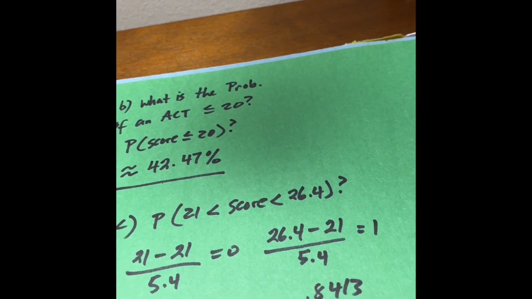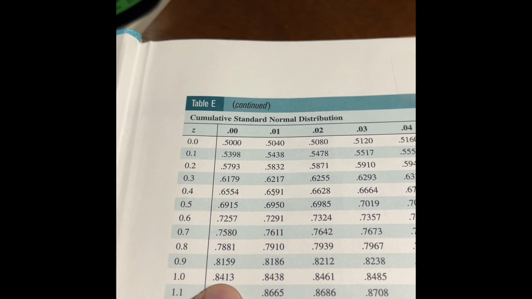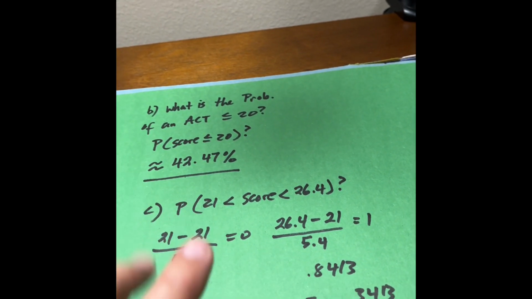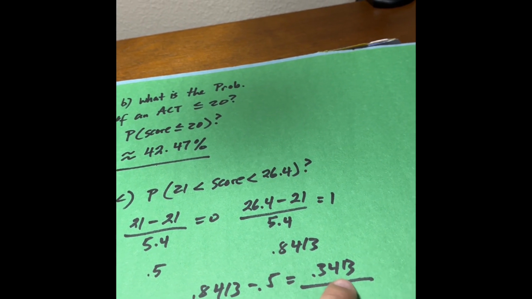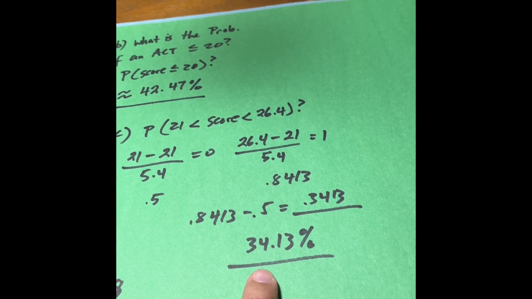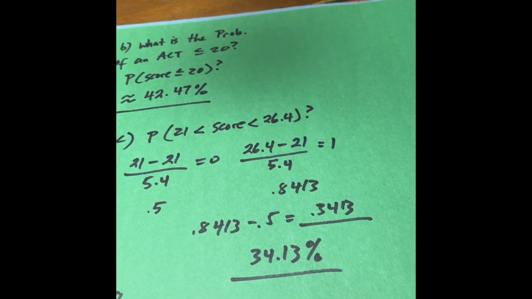If I look 1 up, 1 is over here, 1.0, 0.8413. So I have these two values, and when it's between, what you do is you subtract those values. So this minus that is this, and as a percent, it's 34.13%. So that's pretty easy. That's what you do there.